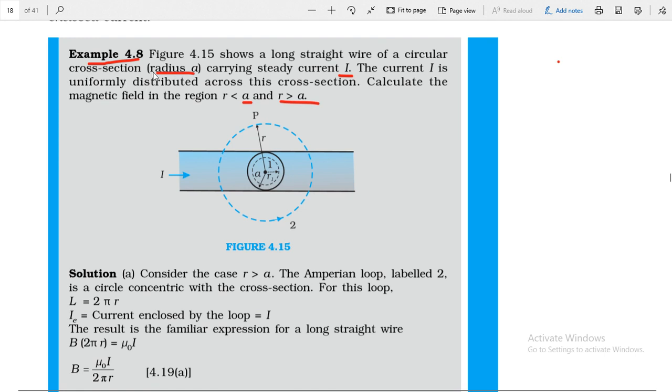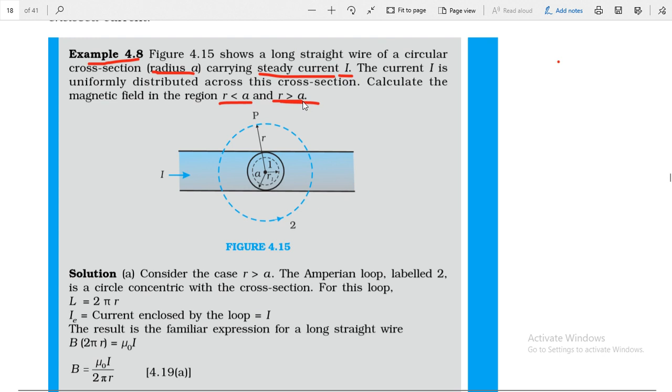The radius of the conductor is given, that is a, the radius of the cross section, and the current I, which is a steady current. These are the conditions where we have to find the magnetic field due to this current carrying wire.